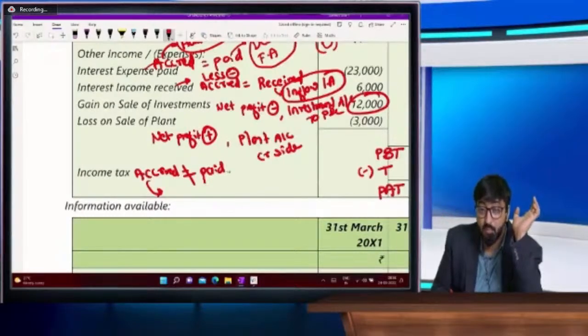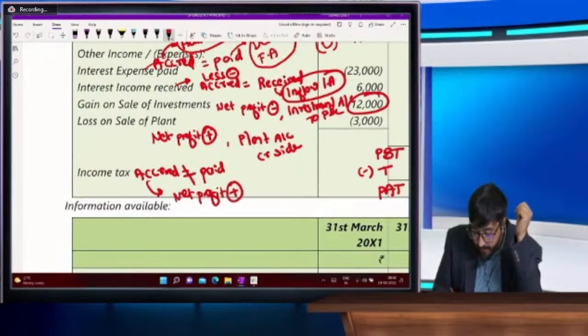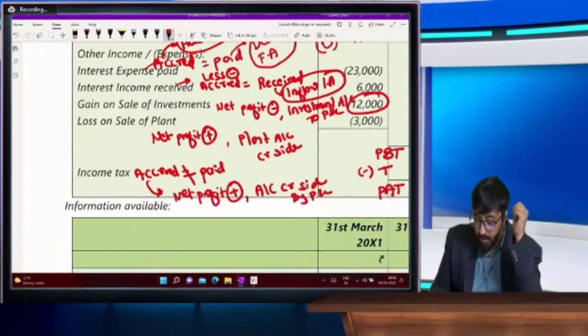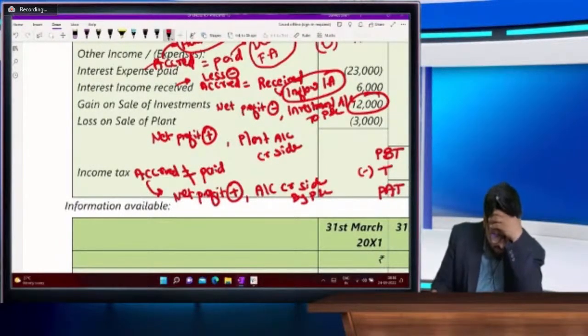So again, two effects. Net profit, add it. And in account, credit side, income tax account you are going to open. In that you will write by P&L.